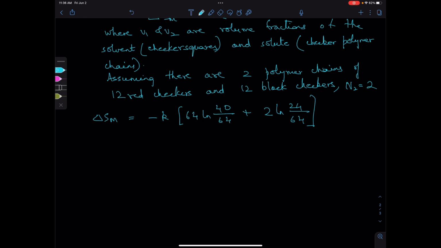So 24 because the polymer chains still occupy 24 squares, 2 because there are two polymer chains, 40 is 64 minus 24, so there are 40 checker squares available out of the 64.